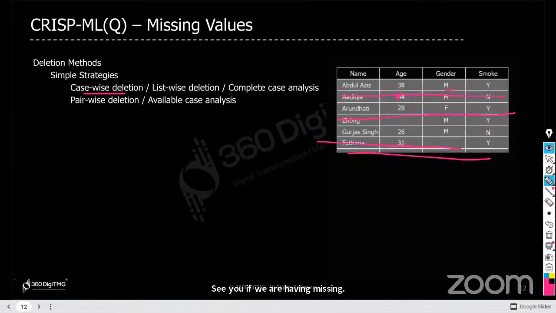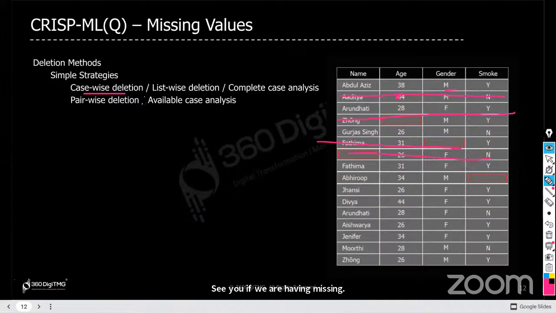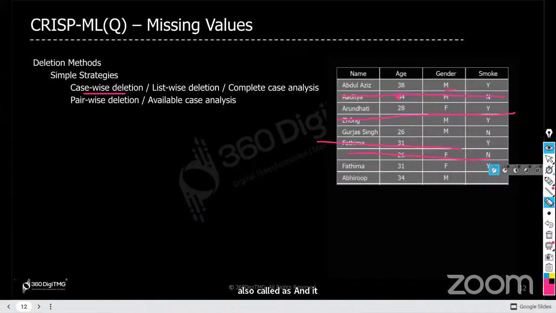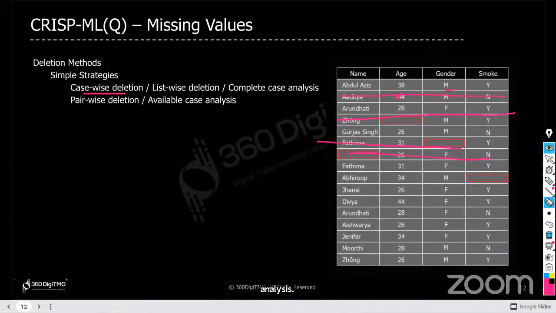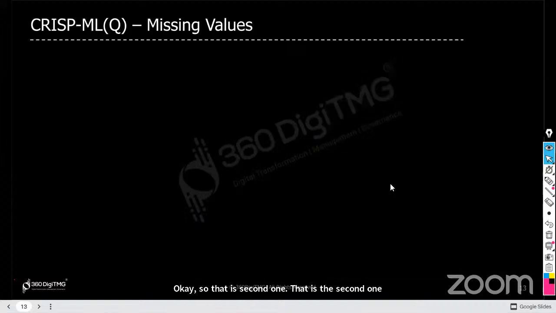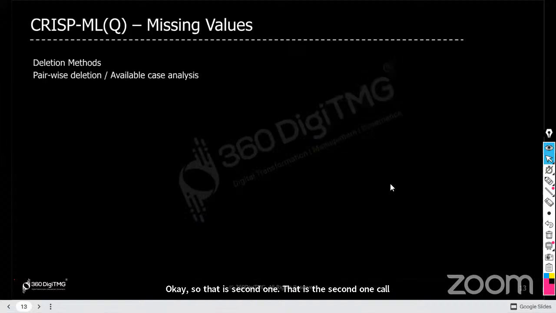That is the simple strategy called case-wise deletion. Case-wise deletion is also called list-wise deletion, and it is also called complete case analysis. Okay, there is a second one called pairwise deletion. What is pairwise deletion? Pairwise deletion is also called available case analysis.